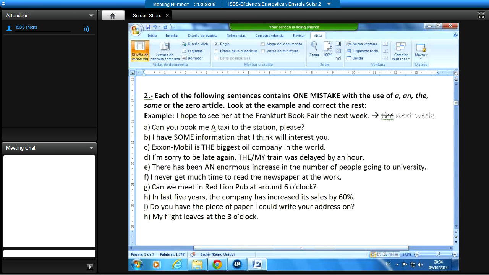I never get much time to read the newspapers in the work. In the work is not possible. Newspaper is correct. Do you know what the newspaper is? The Times, the Sun, USA Today, El País, these are newspapers. Look, in English you say at work. And if you're not at work, for example, if you're a student, you're at school.